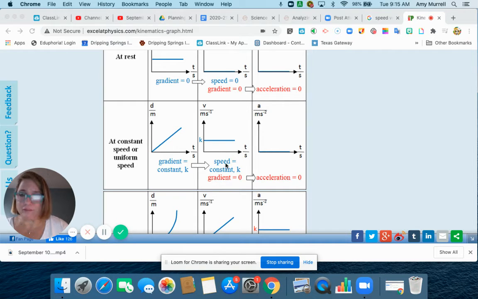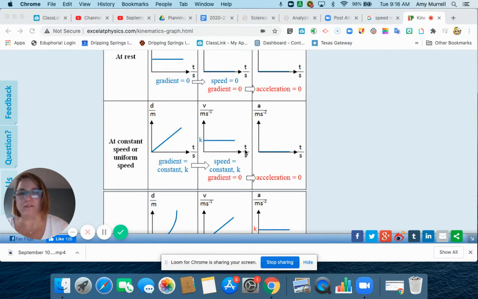So on this graph, however, velocity, here, speed is not changing. So this one is like you have your cruise control set. It's constant. And then down here, when it's a straight line on an acceleration graph, it's still at 0 because there is no change in direction.